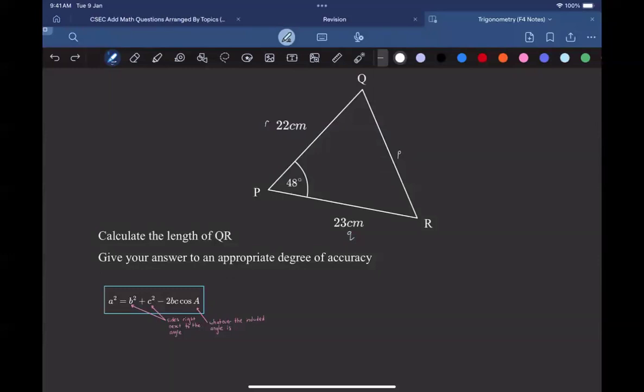B and C are the sides right next to the angle. What are the sides right next to the angle in this question?